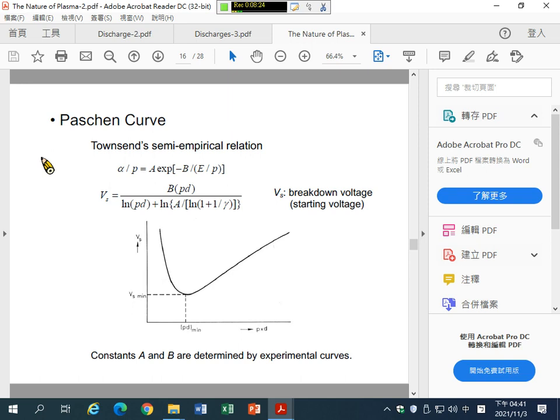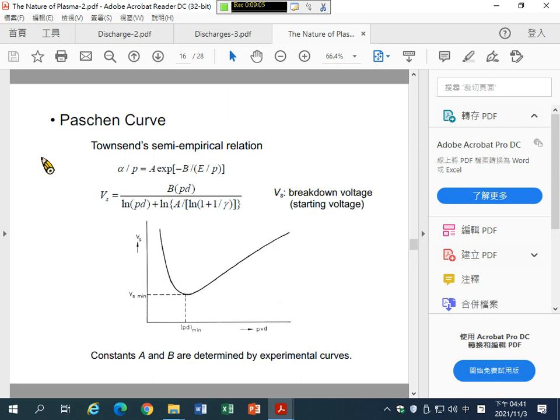So the Paschen curve here, the vertical axis is the breakdown voltage to start or to create a plasma. Okay, and the horizontal axis is P times D. P is the pressure of your system. D is the distance between cathode and anode. But actually the D should be the distance or the length of cathode layer thickness.